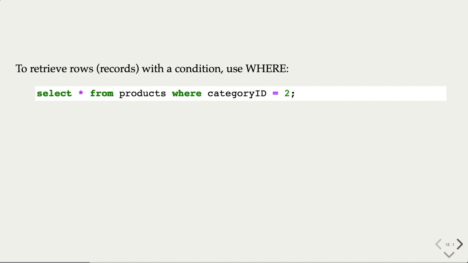So we can put where, and if you are only interested, for example, in category number 2, then we can set category ID equal to 2. What it does is filter the other categories out and only retain the product records that belong to category ID 2.